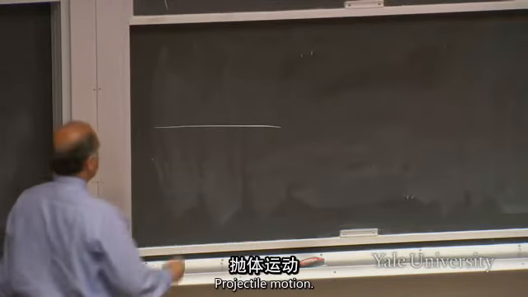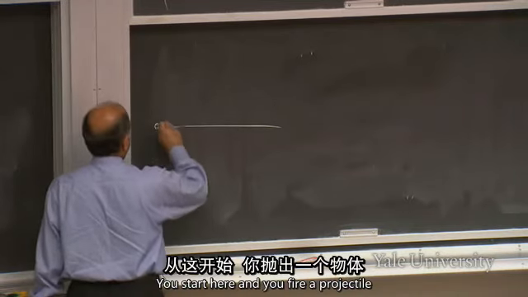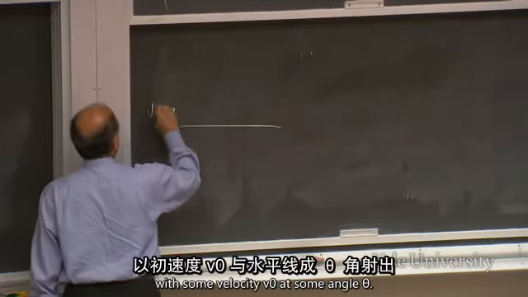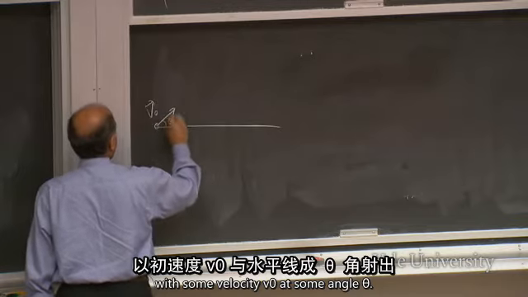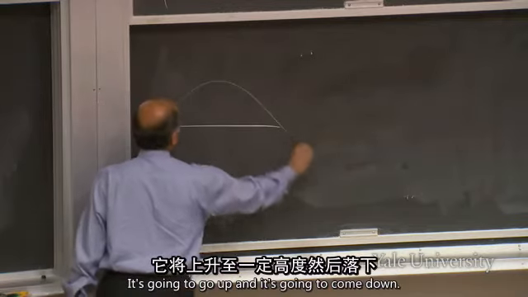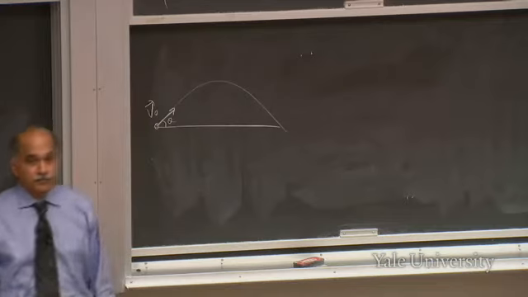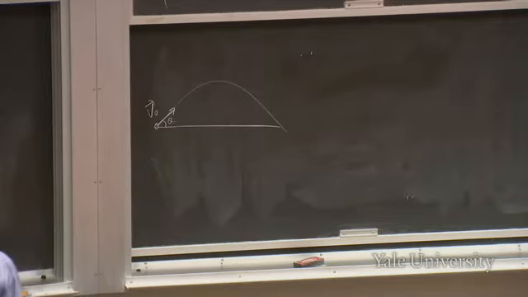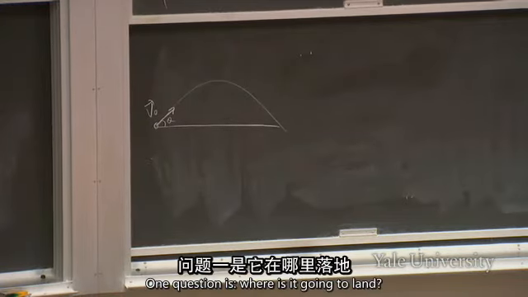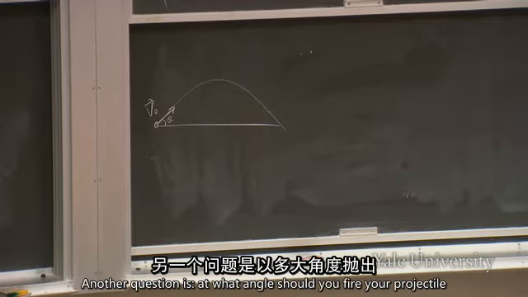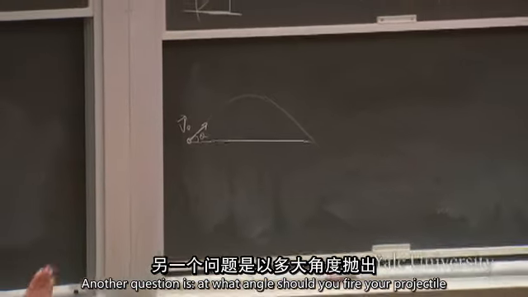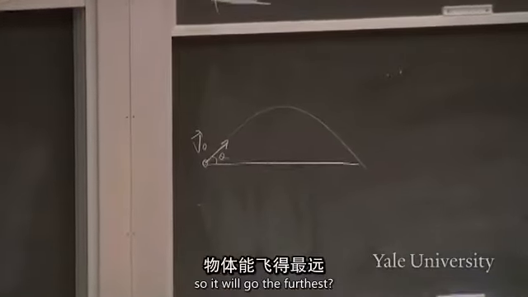So projectile motion, you start here and you fire a projectile with some velocity v0 at some angle theta, and it's going to go up and it's going to come down. One question is, where is it going to land? Another question is, at what angle should you fire your projectile so it'll go the furthest?